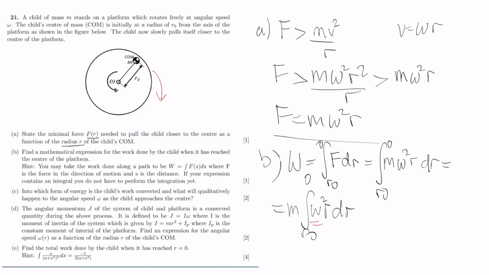Into which form of energy is the child's work converted, and what will qualitatively happen to the angular speed as the child approaches the center?